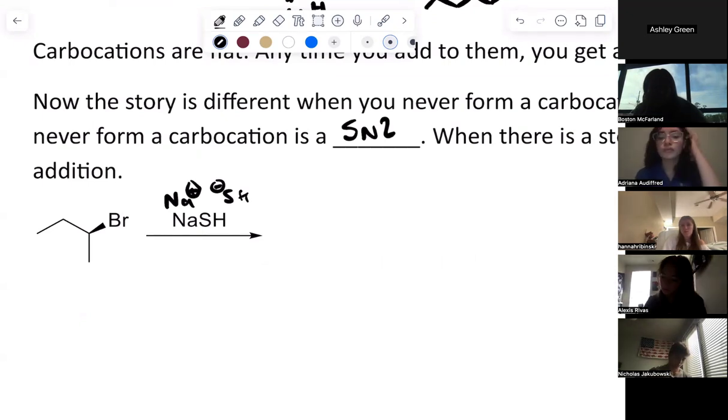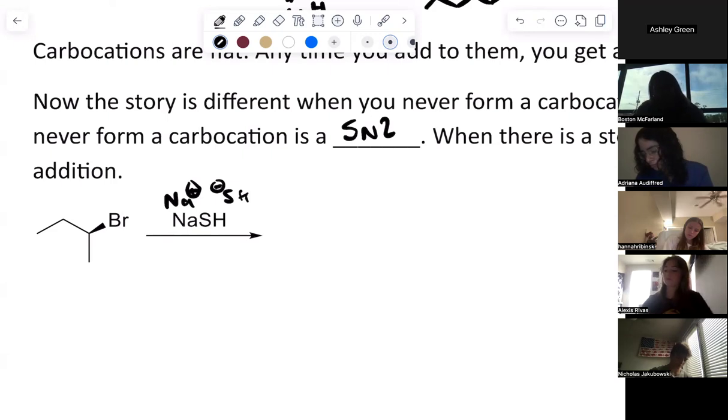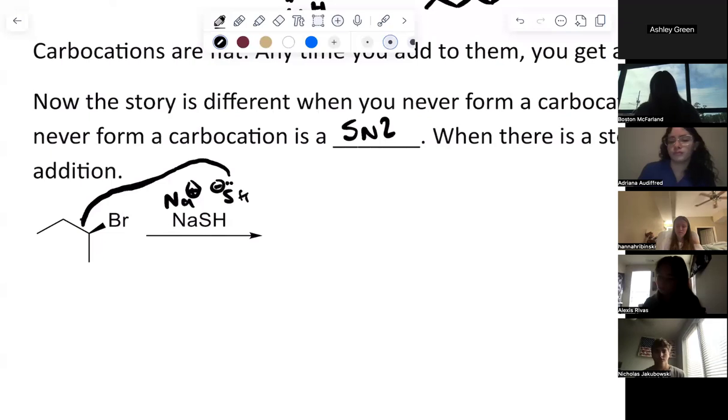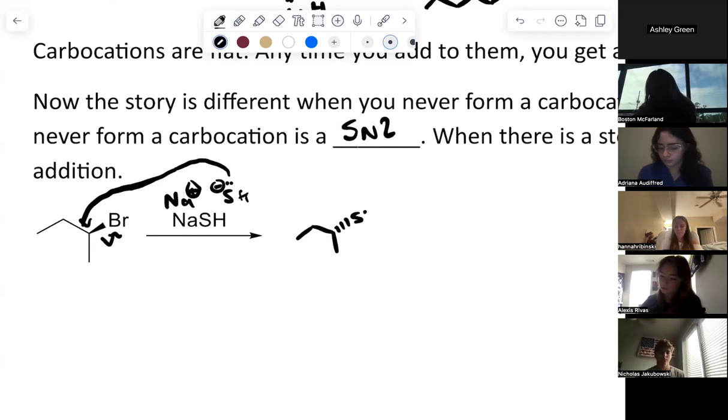So try this SN2 out for size. This is the most straightforward mechanism we have.